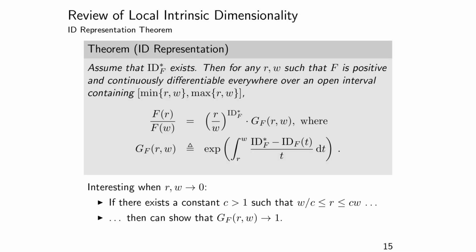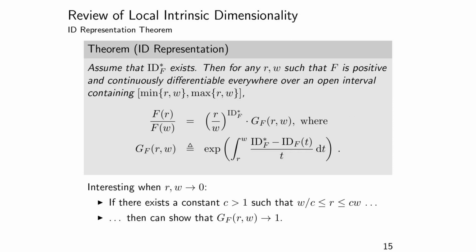So we can account for the local intrinsic dimensionality using an ID representation theorem. This is the formal statement of the theorem. Basically, it says that if we have two distances of interest, f of r and f of w, the ratio of these two things is equal to the ratio of the distances themselves taken to the power of the intrinsic dimensionality times an adjustment factor.